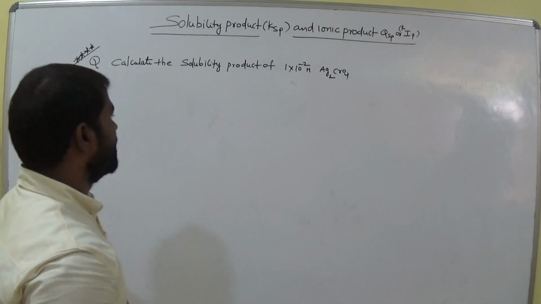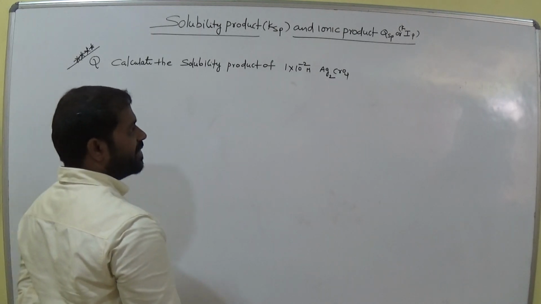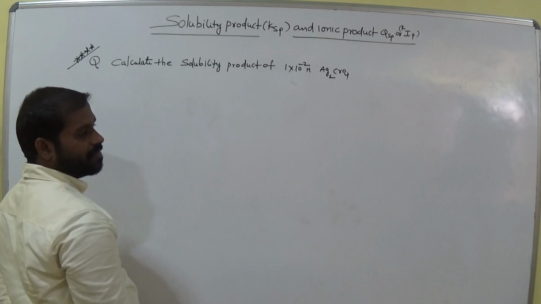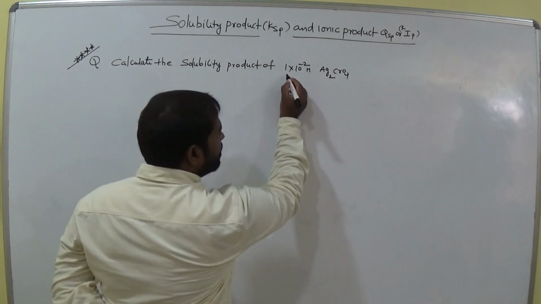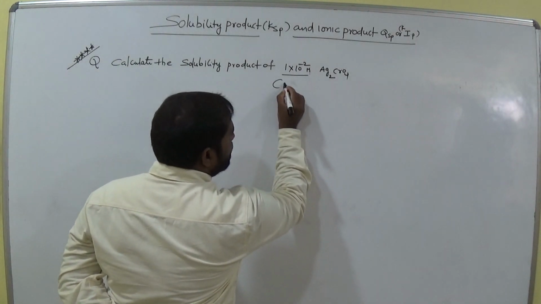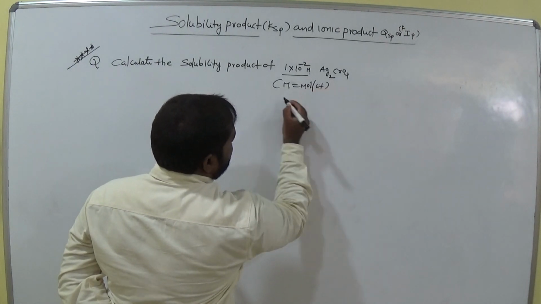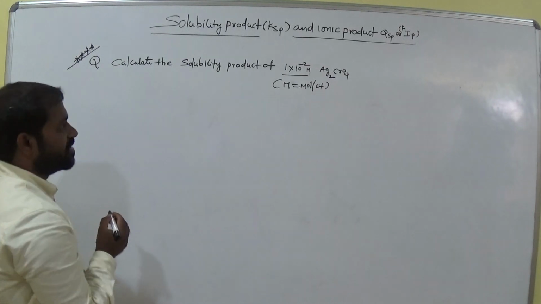Molar means what he has given? Molar means mole per liter. Mole per liter he has given, that means he has given the solubility.